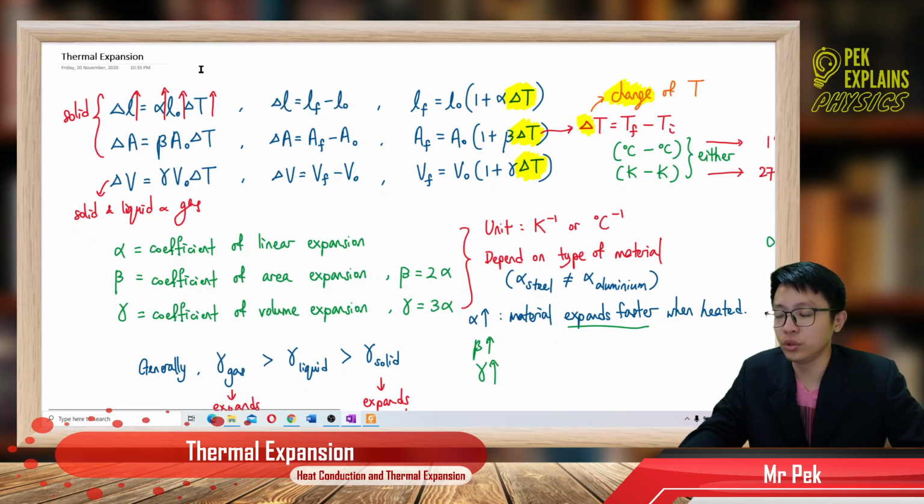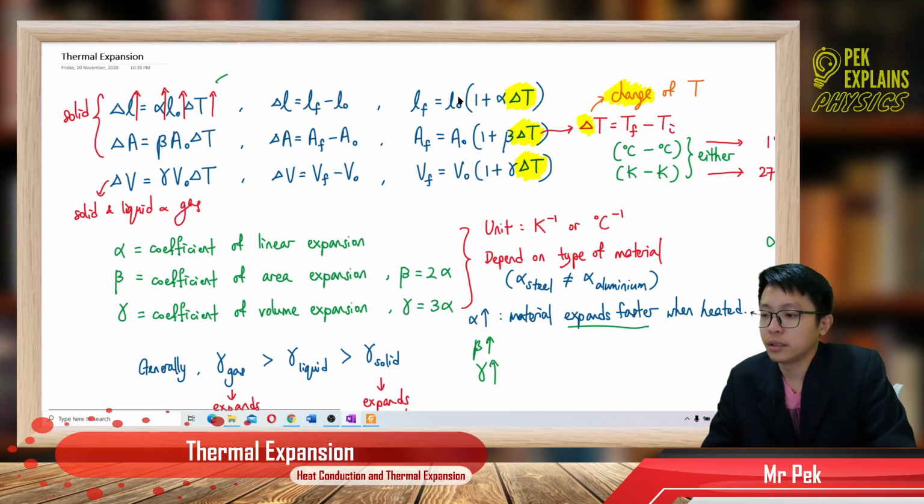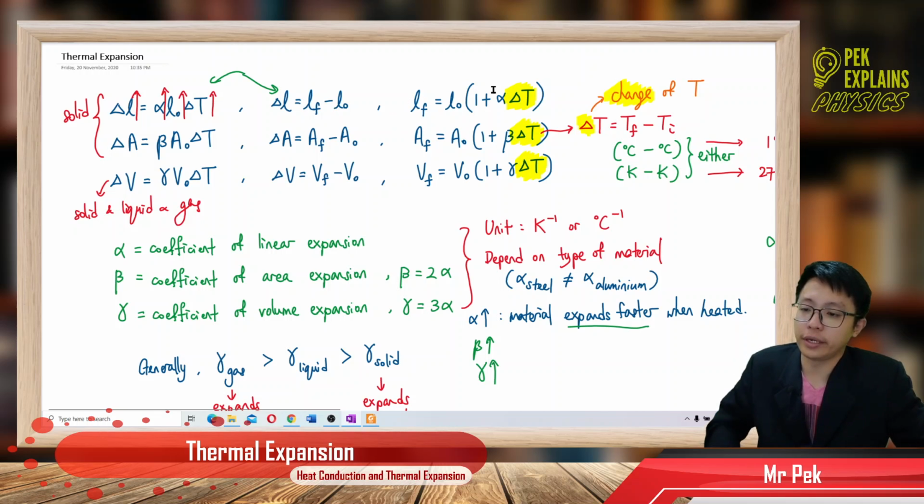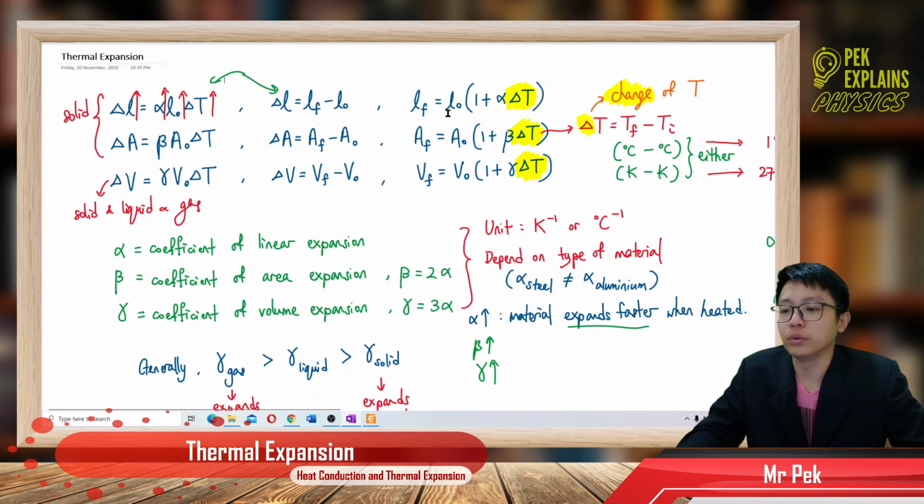So when these two equations are combined, we get this formula: the final length is equal to the initial length times bracket 1 plus alpha delta T. Same goes for the area: final area equals A naught times 1 plus beta delta T. Final volume equals initial volume times 1 plus gamma delta T.